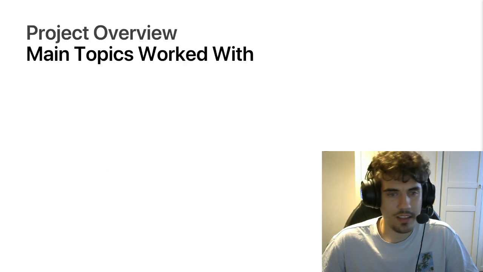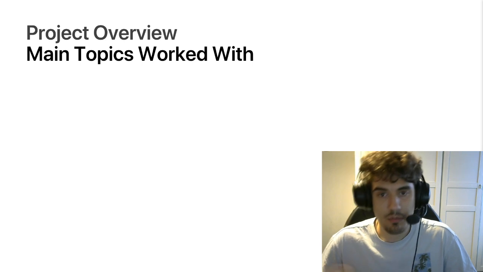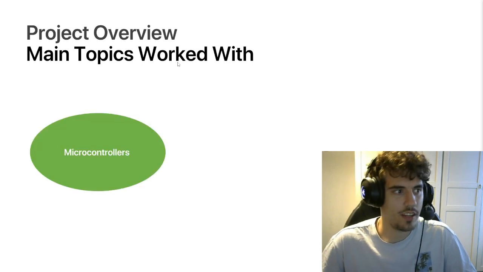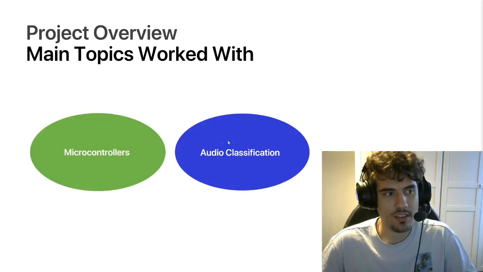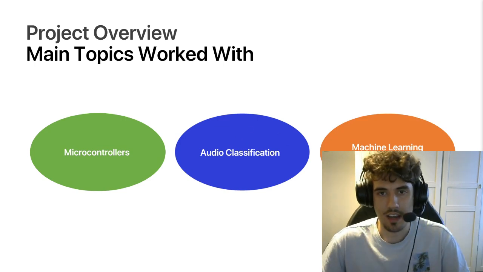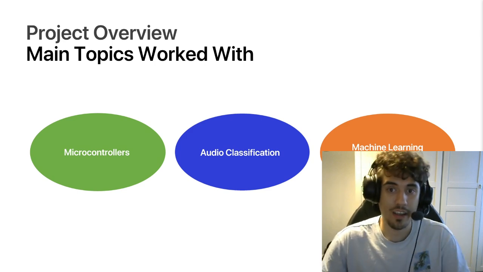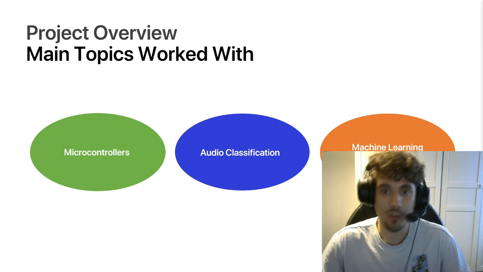I'm going to now discuss the main topics that I worked on, what I needed to understand before I could go further in this project. This included microcontrollers, audio classification, and TinyML, which is the subset of machine learning dealing with running on controllers, tiny IoT devices.